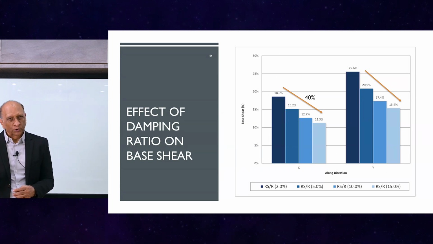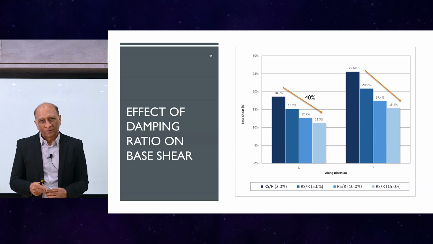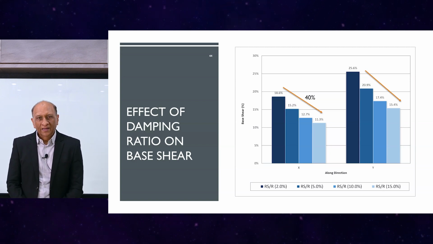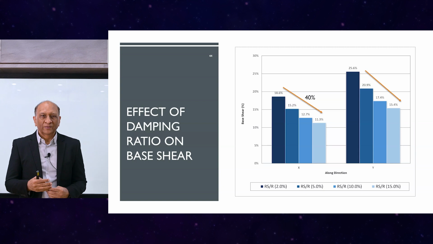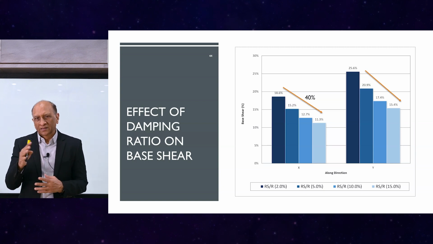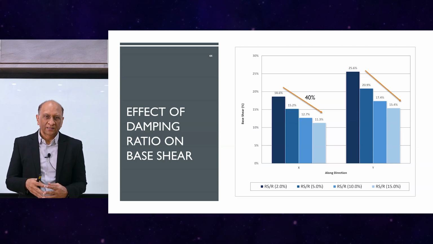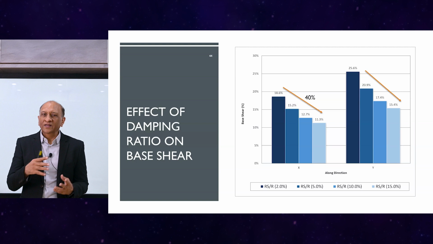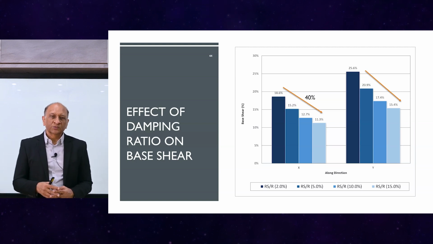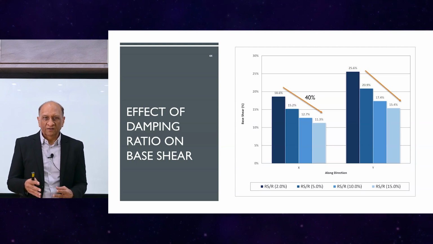I'm showing you two different response spectra, so you can also see how this is affected by the response spectrum shape. The blue line is the Manila response spectrum, typical, similar to the ASCE, and the red one is this very special Bangkok response spectrum because of the basin effects and all.